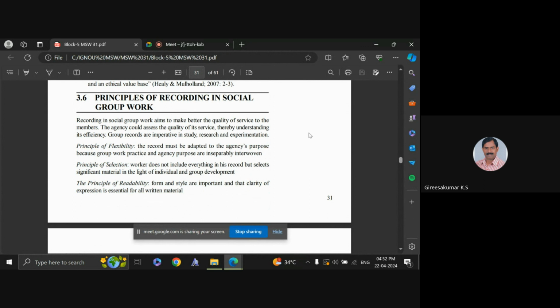In social work, service is most important. What service can they give? That's the question. They are imperative study, research and experimentation.